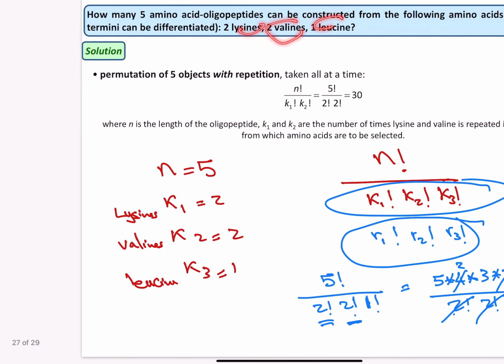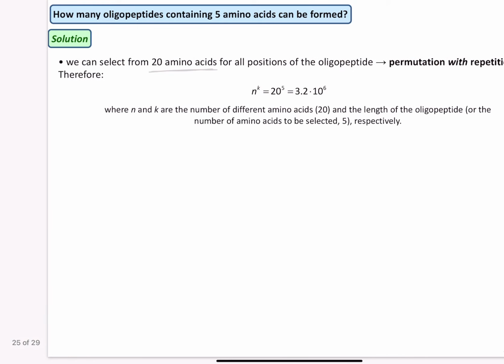But in this example, he wants us to tell him how many oligopeptides containing five. The containing, this is the product, this is the new arrangement, this is the K. So here K is 5 amino acids. So what is the N?